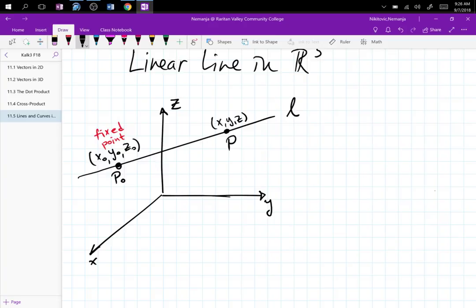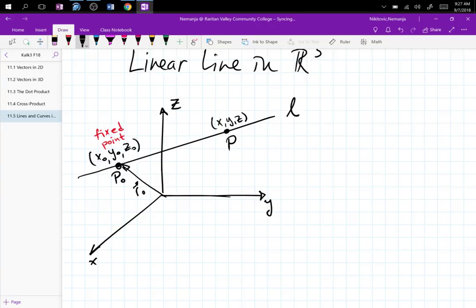So now what I'm going to do is a simple vector addition. I'm going to stretch this vector, and I'll call it vector R0, because that is the terminal point, the fixed point with x0, y0, z0, so it makes sense to call it R0.